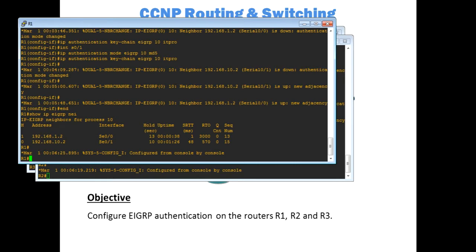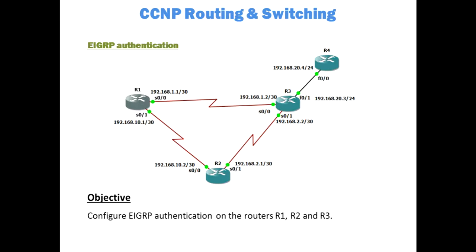Now, if we disable the EIGRP authentication on interface serial 0/0 on R2, you see that R2 will lose its EIGRP neighbor relationship with R1. Now let's go to R2.